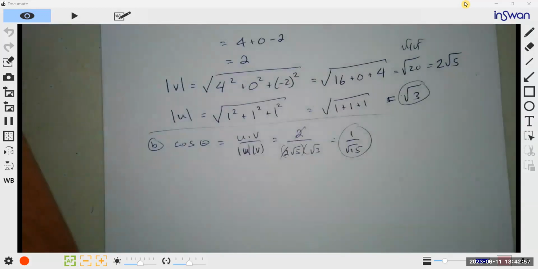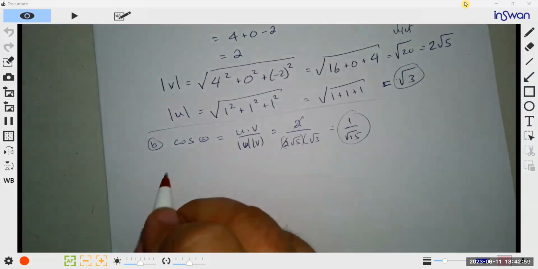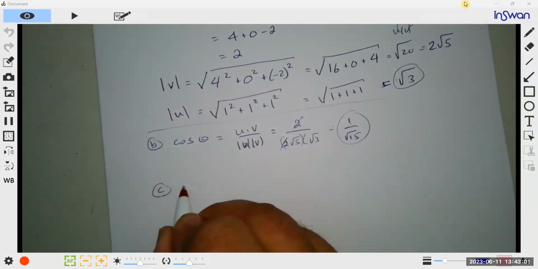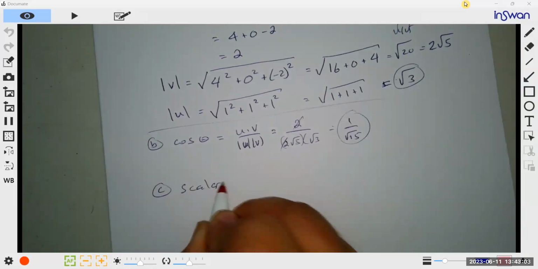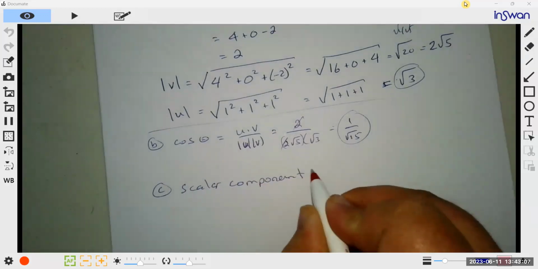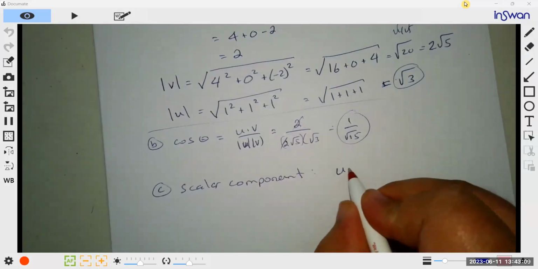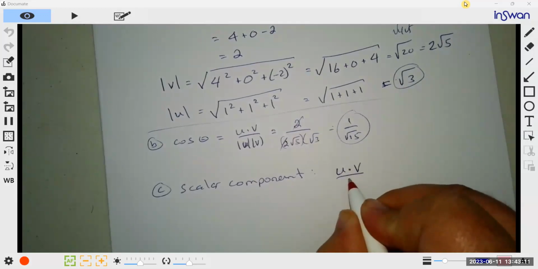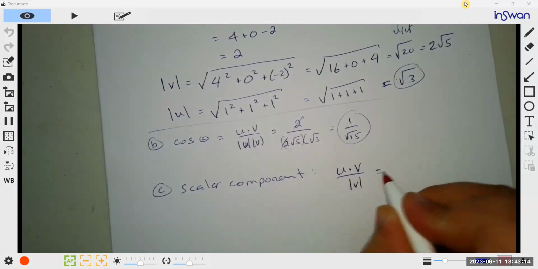And the scalar component, u dot v over the magnitude of v.